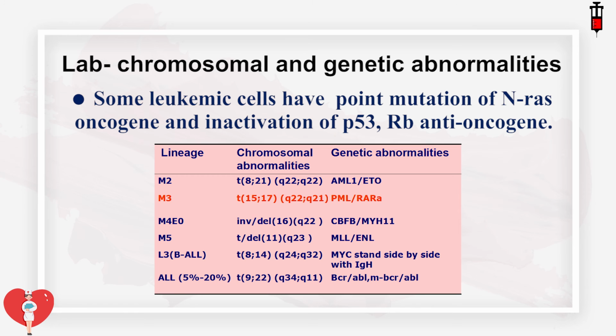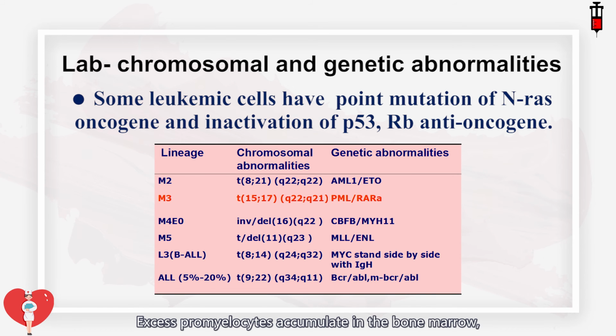As a result, blood cells are stuck at the promyelocyte stage, and they proliferate abnormally. Excess promyelocytes accumulate in the bone marrow, leading to acute promyelocytic leukemia. The translocation of chromosomes 8 and 21 is often found in M2 and leads to the AML1-ETO fusion gene.